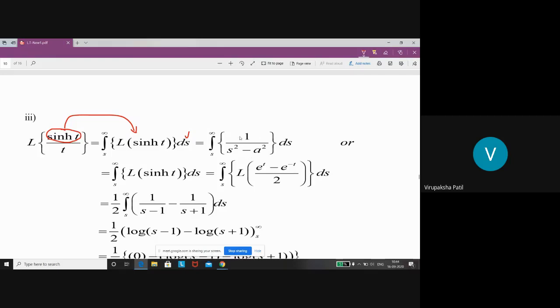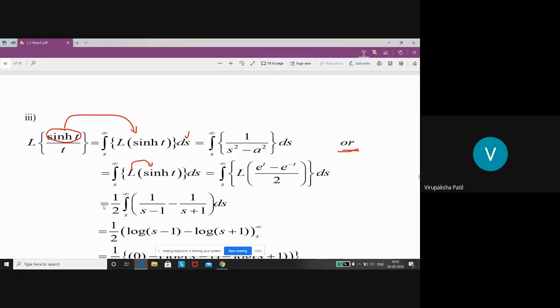To avoid that complication, you can write this Laplace transform of sine hyperbolic t using the basic definition. The Laplace transform of sine hyperbolic t is e raised to t minus e raised to minus t, divided by 2. If you remember the standard result for this integral, you can write it directly. Otherwise, please go for this method so that it becomes easy.